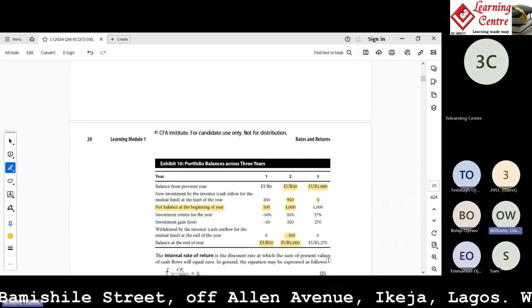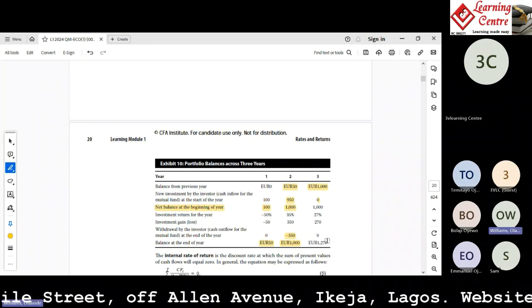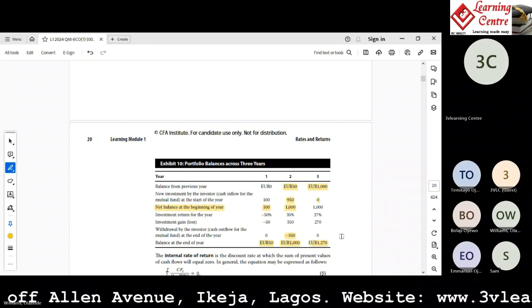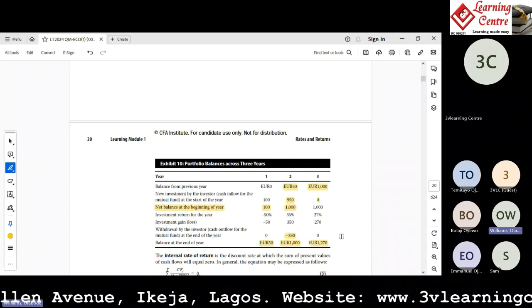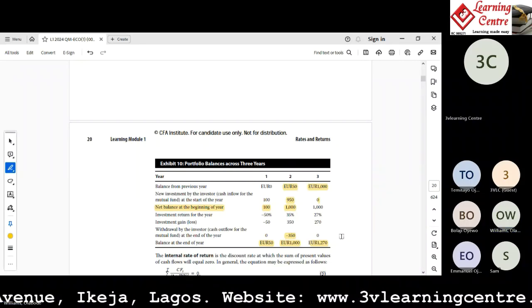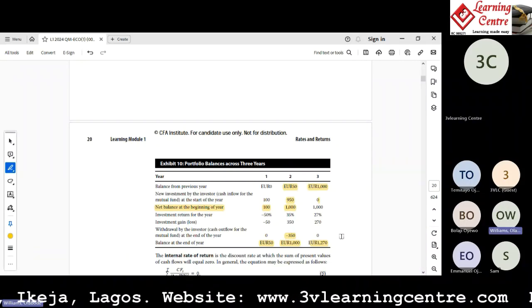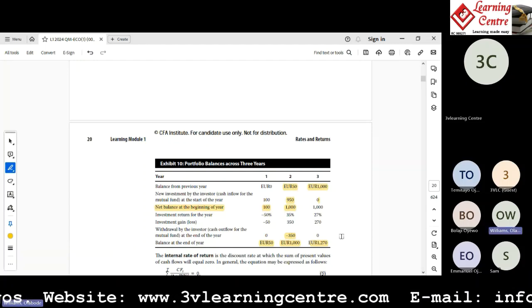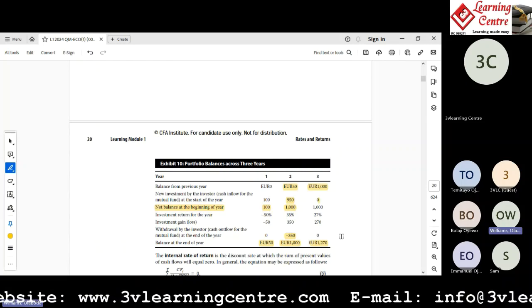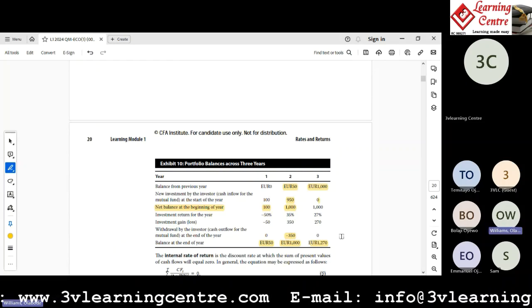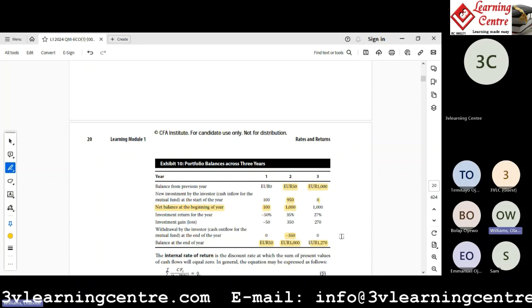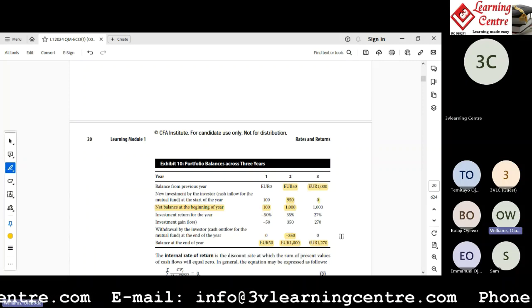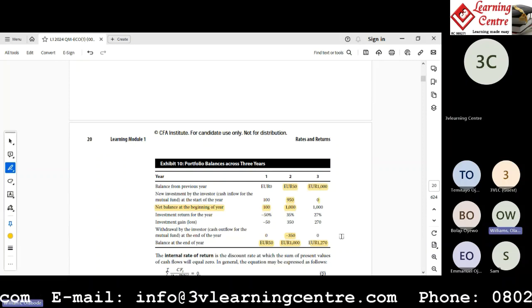The balance at the end of the period, when you then cash out, is 1,270. Okay? Which means for this client that we've talked about, at the end of the period, he's going to get 1,270 back from his investment. Remembering that he started with 100, added 950, took out 350, and then at the end of the period, still got out 1,270 out of the investment.